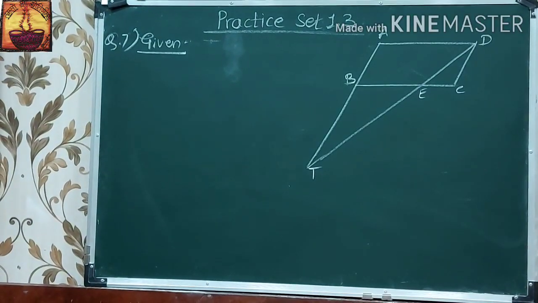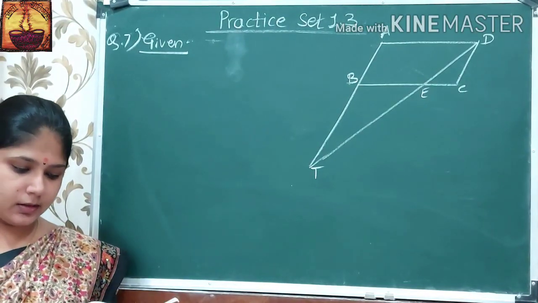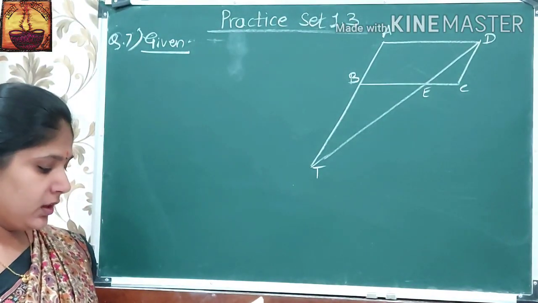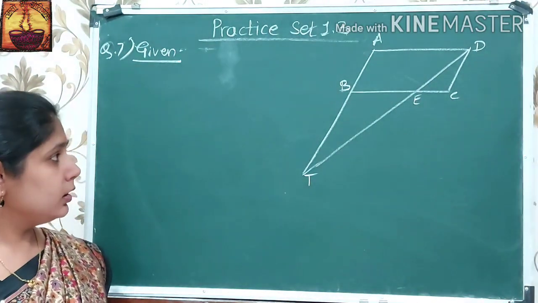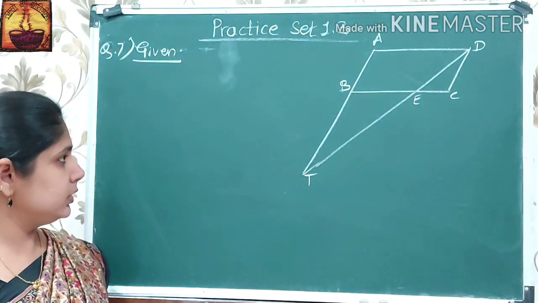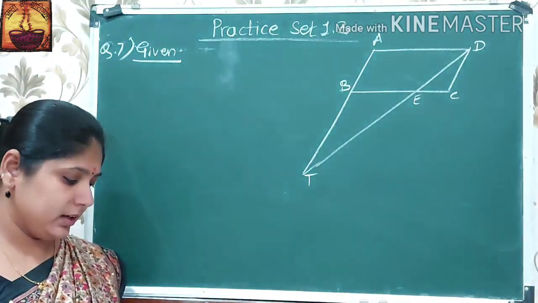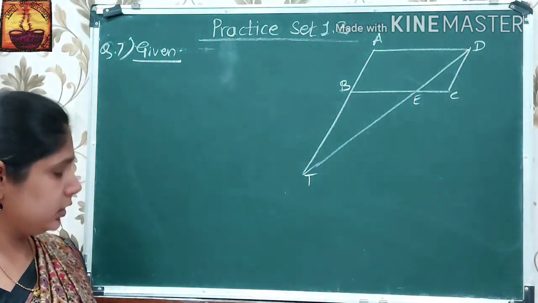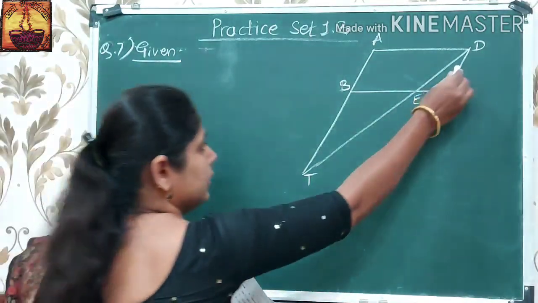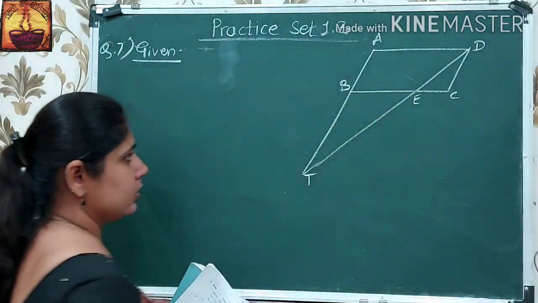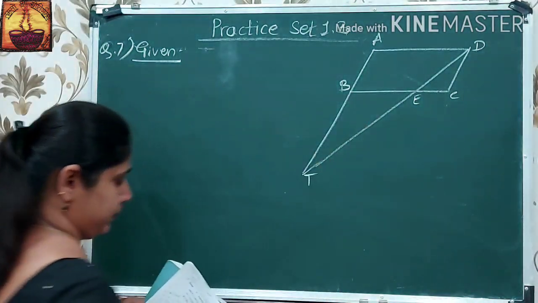Now, the seventh question is: quadrilateral ABCD is a parallelogram. Point E is on side BC. Line DE intersects ray AB at point T. Then prove that DE into BE is equal to CE into TE.